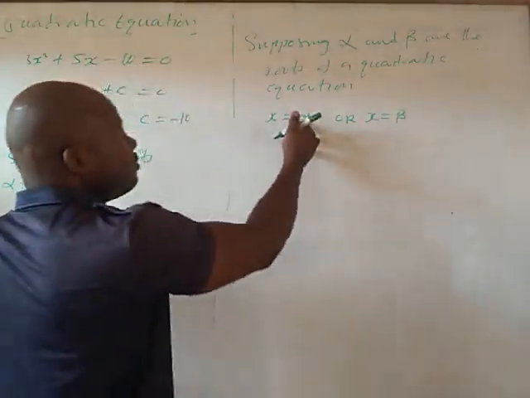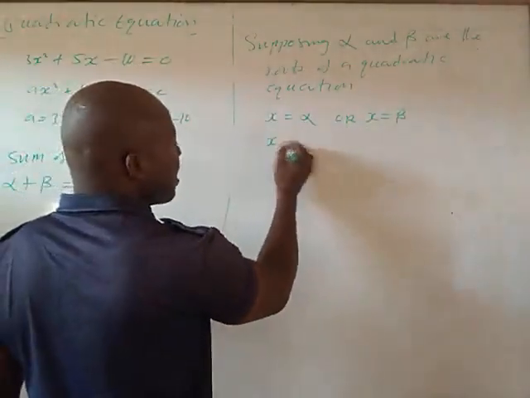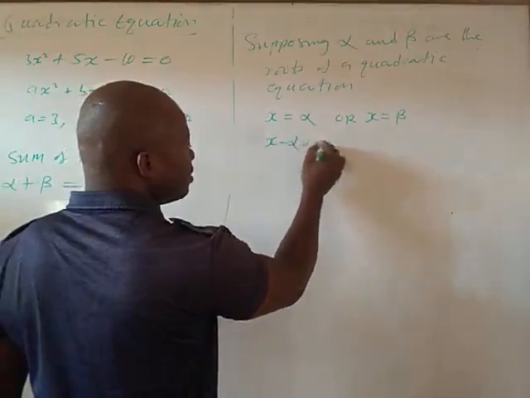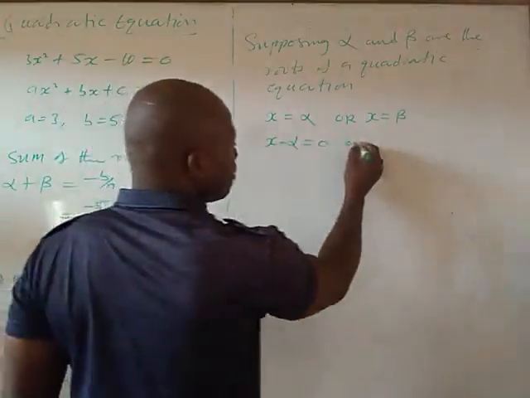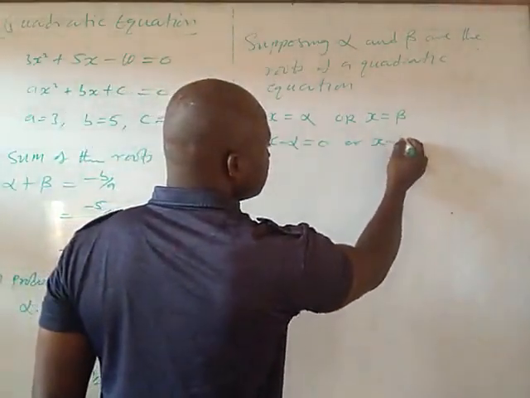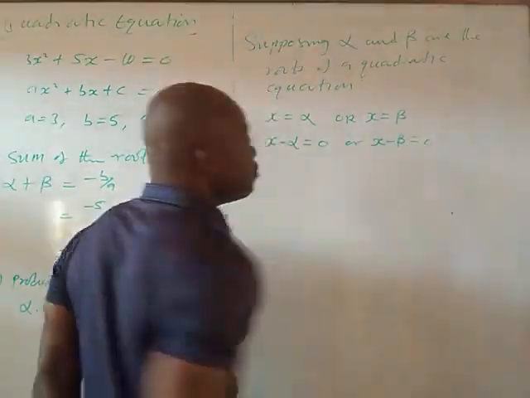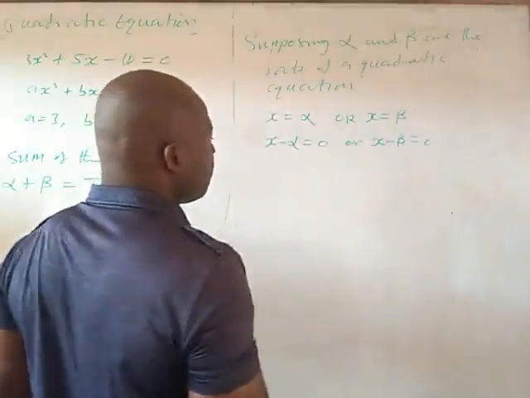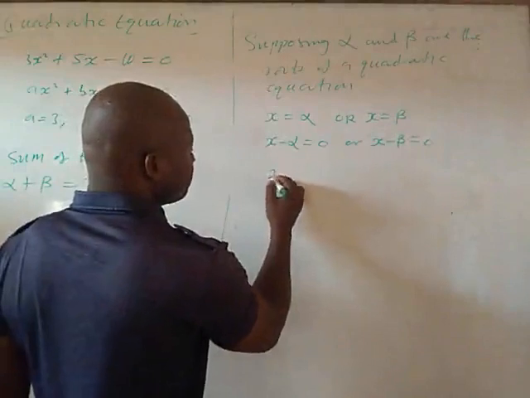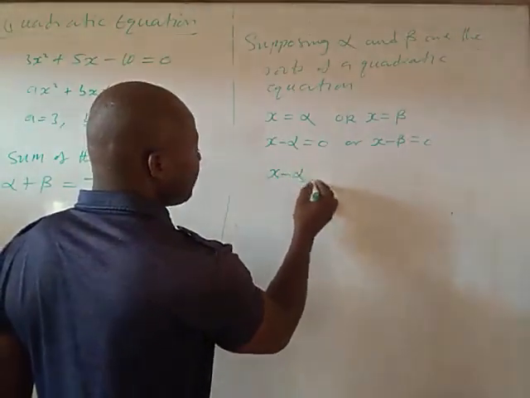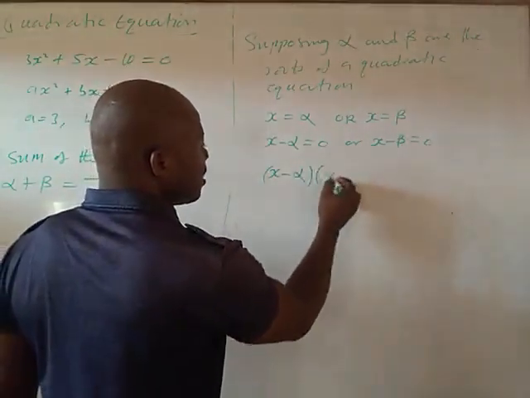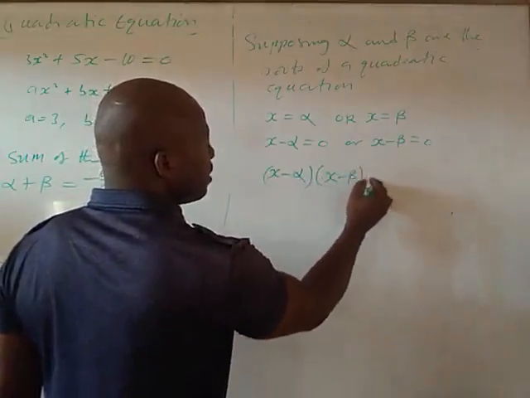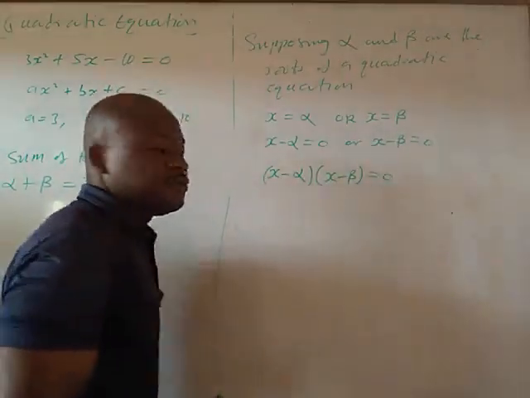Now, if we move this one inside, then we have x minus alpha is equal to 0, or x minus beta is equal to 0. Therefore, we have x minus alpha, x minus beta is equal to 0.